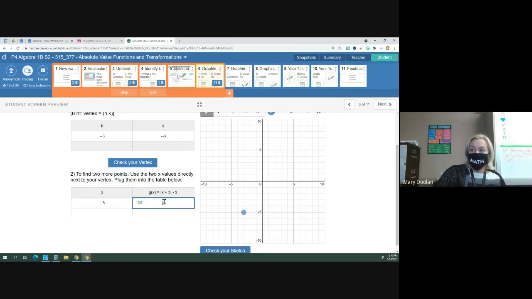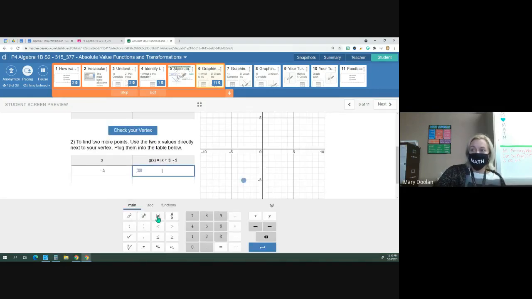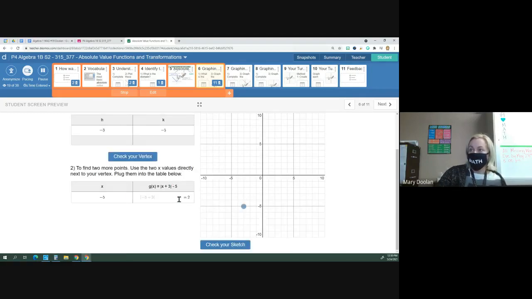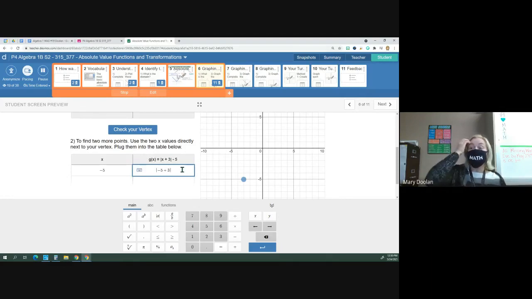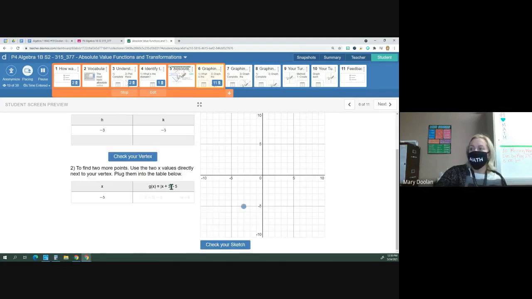If I plug that in, I have the absolute value of negative 5 plus 3, and then minus 5. Then it did the calculation for me. So negative 5, negative 3 is another point, which is right here.